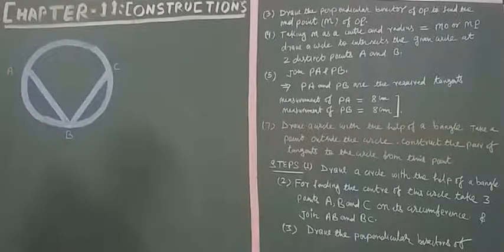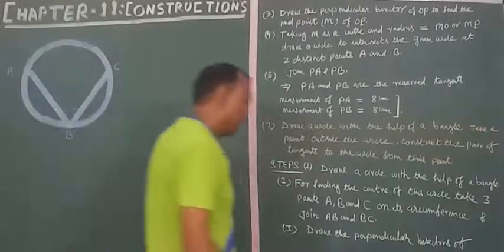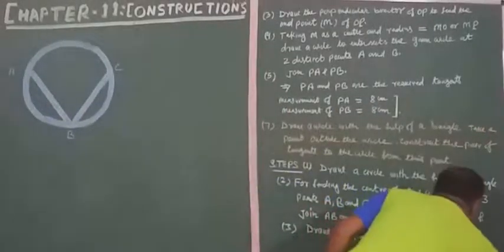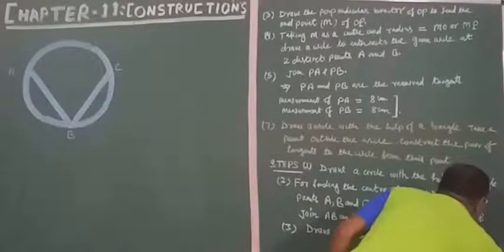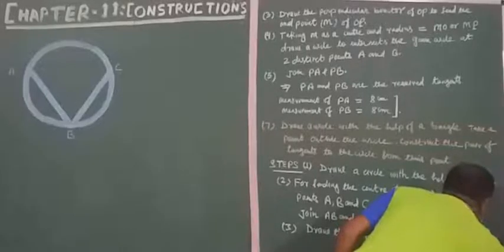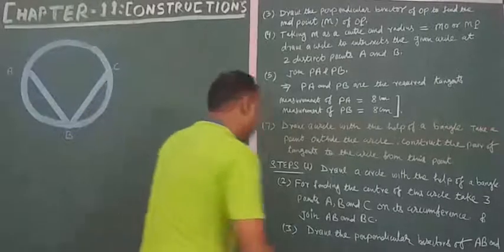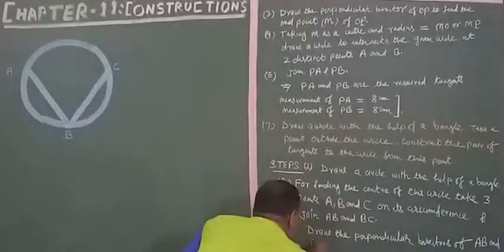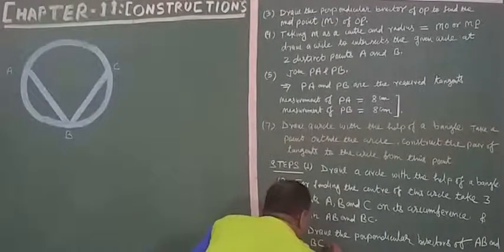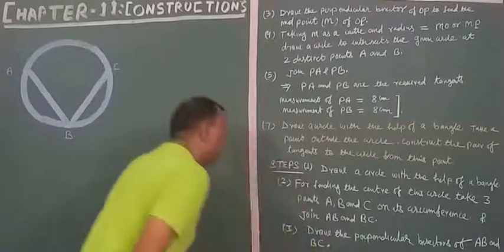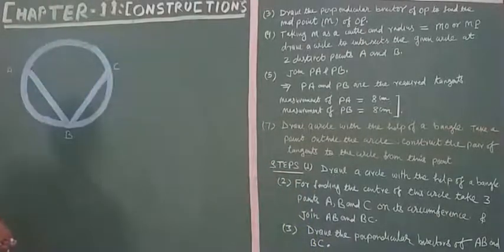Draw the perpendicular bisectors of AB and BC. So just look here. Then what we will do? We will draw the perpendicular bisector of it. How?